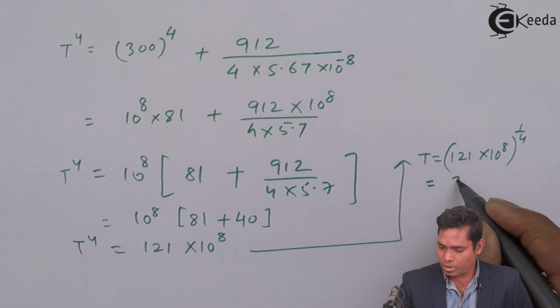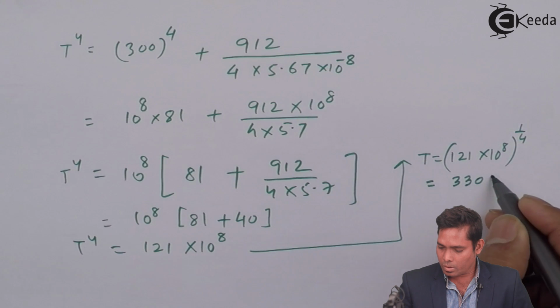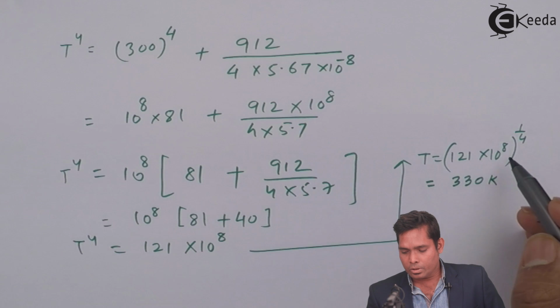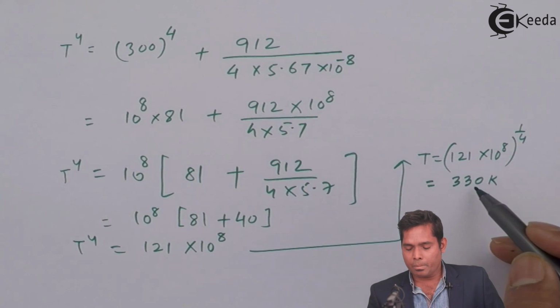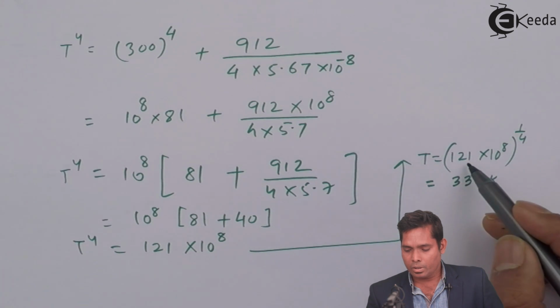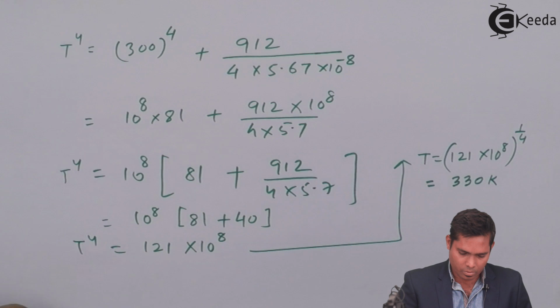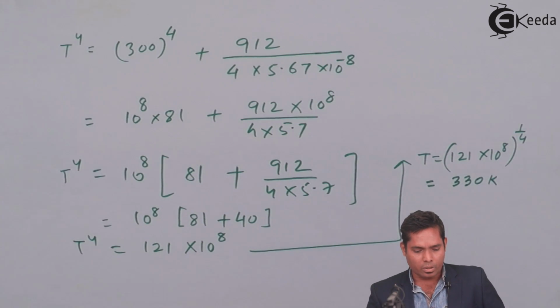This comes out to be 330 Kelvin, because 3.3 multiplied four times gives around 121.